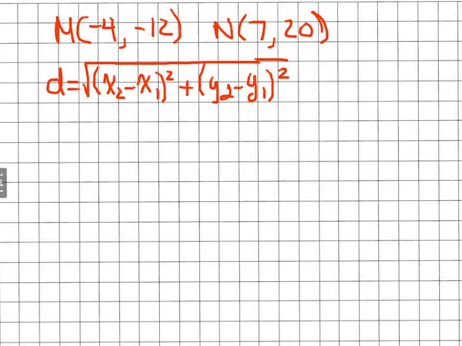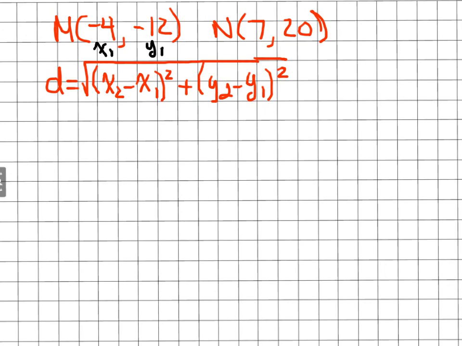And then what I'm going to do, just to make sure, is label. I always label the coordinates in my points because I am famous for making mistakes and confusing things. So I say, okay, well, this will be x1 and this will be y1, and this is x2 and this is y2.